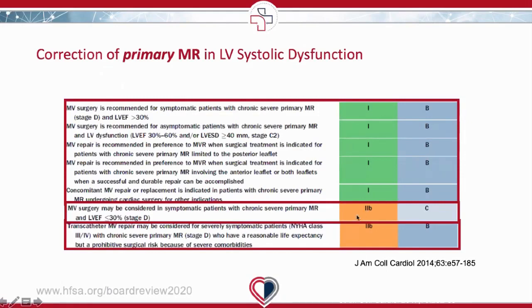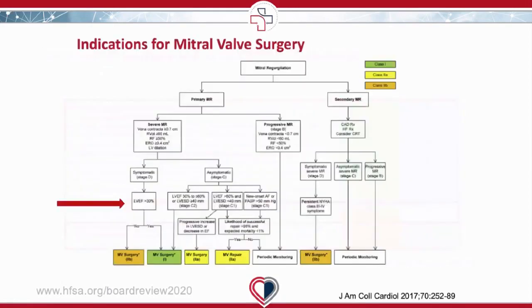That's where the recommendation goes from a class 1 recommendation, level of evidence B, to a class 2B recommendation, level of evidence C, because historically outcomes are very poor with significant LV systolic dysfunction. This is where conversations between the heart surgeon and heart failure cardiologist are very important, and accordingly, the heart team approach is a class 1 recommendation in the guidelines.